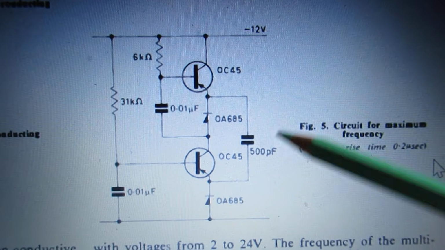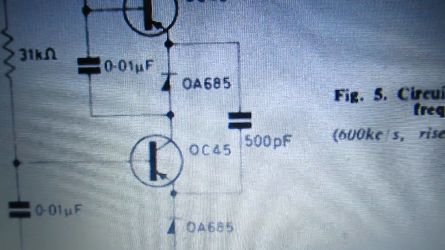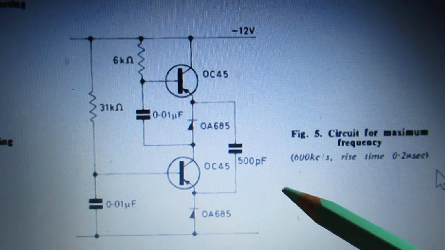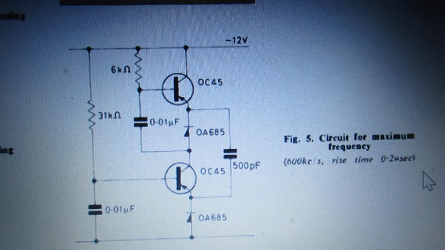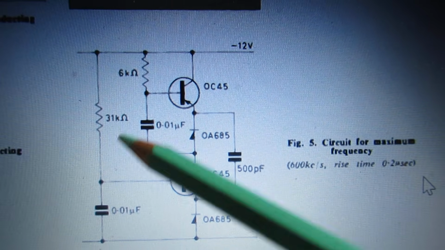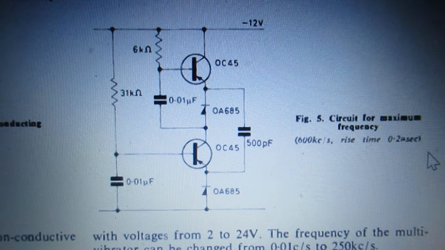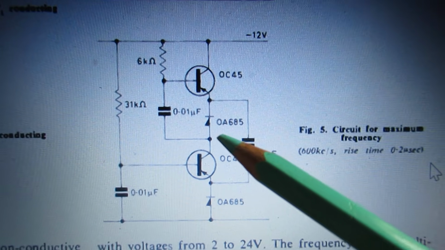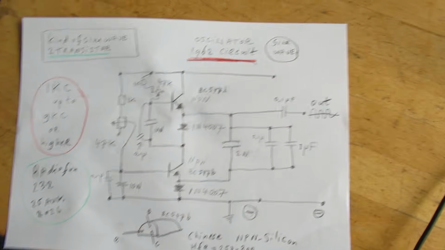I found out that this capacitor value, 500 picofarad, in the original schematic was, say, the time dependent capacitor. Of course the whole circuit is responsible for the frequency and thus the time dependency. So I changed a lot, and all these changes are here.